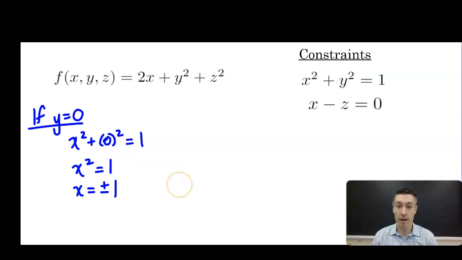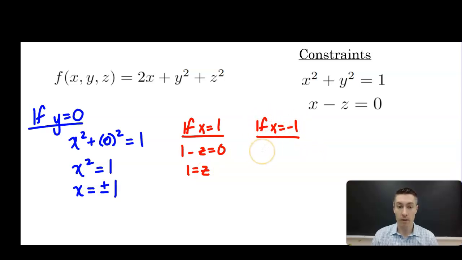And we dive further now. Now we break into two more subcases. So if x is 1, well then we go into the other constraint. So then we'd have 1 minus z equals 0, 1 equals z. And then if x equals negative 1, we have negative 1 minus z equals 0, and negative 1 equals z.